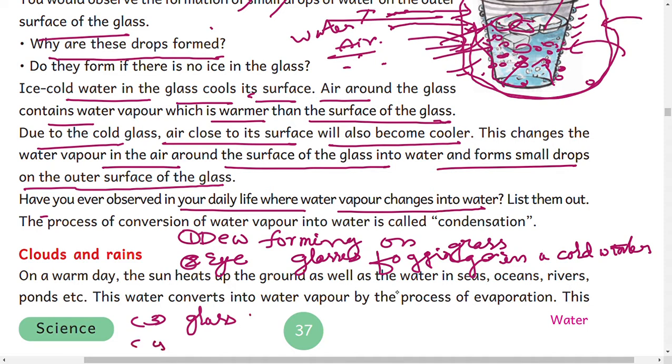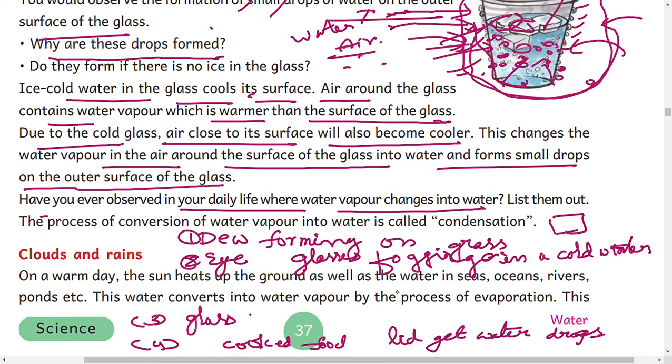And cooked food lid gets cool and gets water drops on the surface. For example, after your mother finishes the cooking, she will keep the lids on all the vessels.